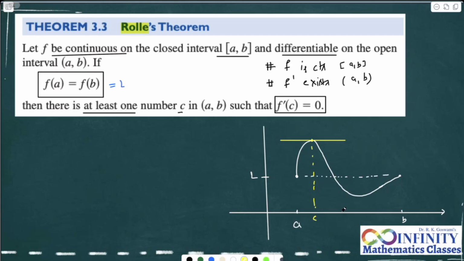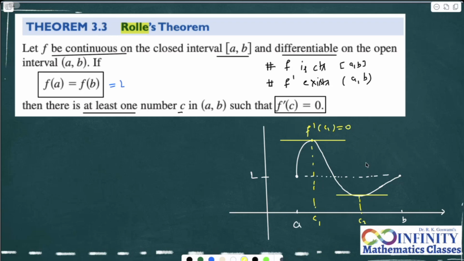Let me consider c1, and let me draw another horizontal line, this is c2. You can see that the tangent line at c1 and c2 is going to be parallel to the x-axis. So the derivative at c1 is going to be 0, and the derivative at c2 is going to be 0 also. Am I right?